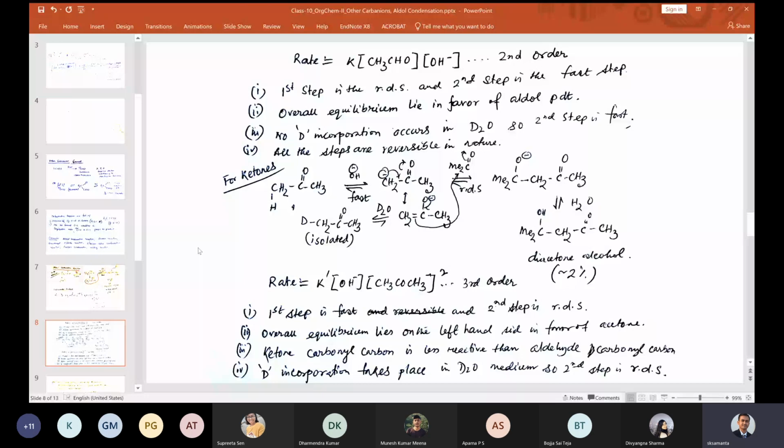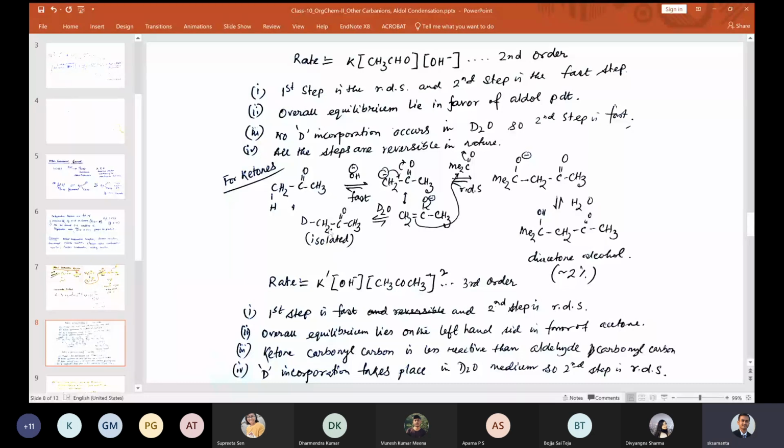First, take acetaldehyde and do the reaction to form the product, then take acetone and do the product, and then you say that in the case of acetaldehyde the carbonyl center is much more reactive, so the second step is fast, but in the case of acetone the carbonyl center is less reactive, so in this case the second step is the rate determining step.